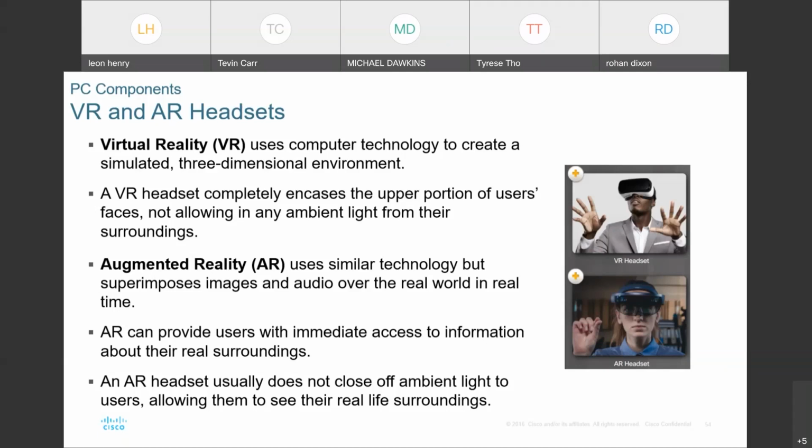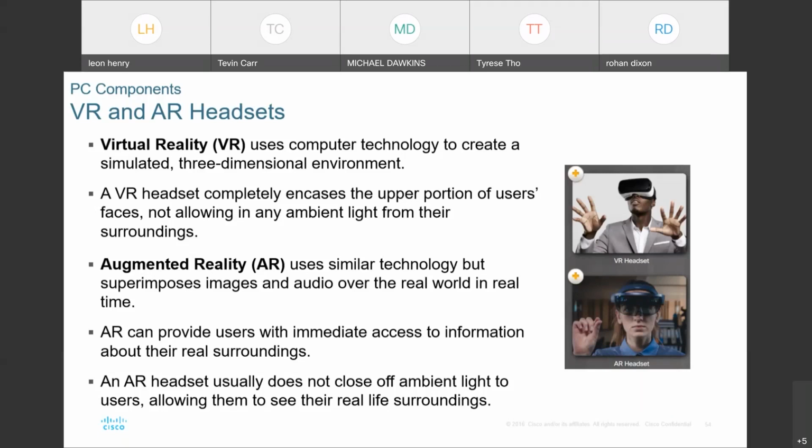So that gentleman you see in the picture to your right hand side, that's a VR headset. When he has that on his face, he's basically blocked out from his real environment. He's now in the environment or the scene of what is taking place on that headset, and he feels encompassed, as if he's a part of it.